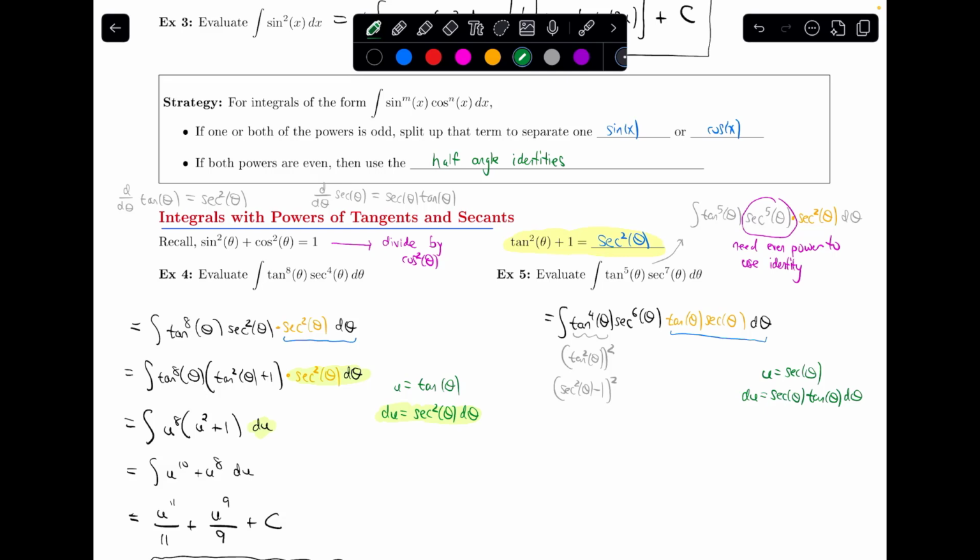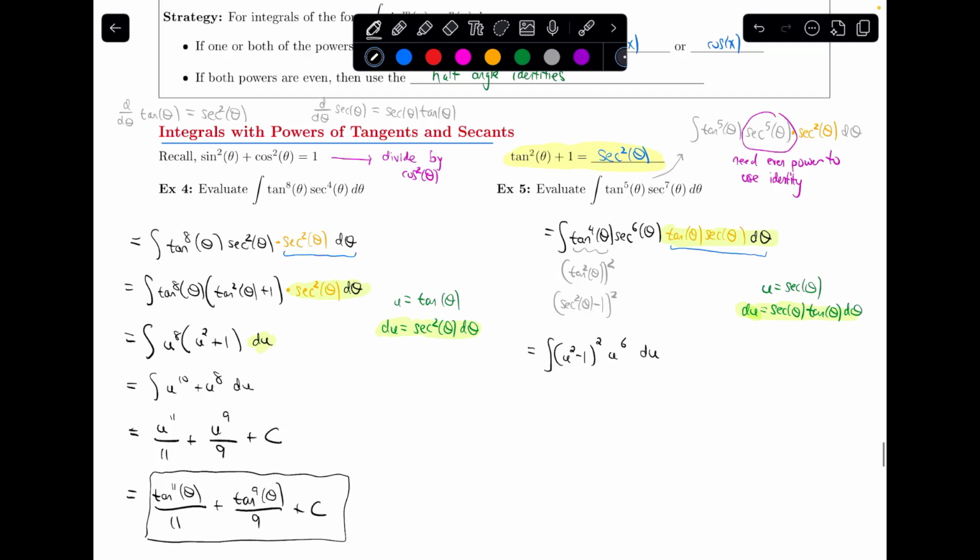Okay, now I'm seeing that du is here at the end. So when I sub in, I'm going to get the integral of this first part becomes u squared minus 1 in parentheses, that whole quantity squared. Secant to the sixth is u to the sixth. And then the whole thing at the end becomes du. Okay, so I've converted it all to u's.